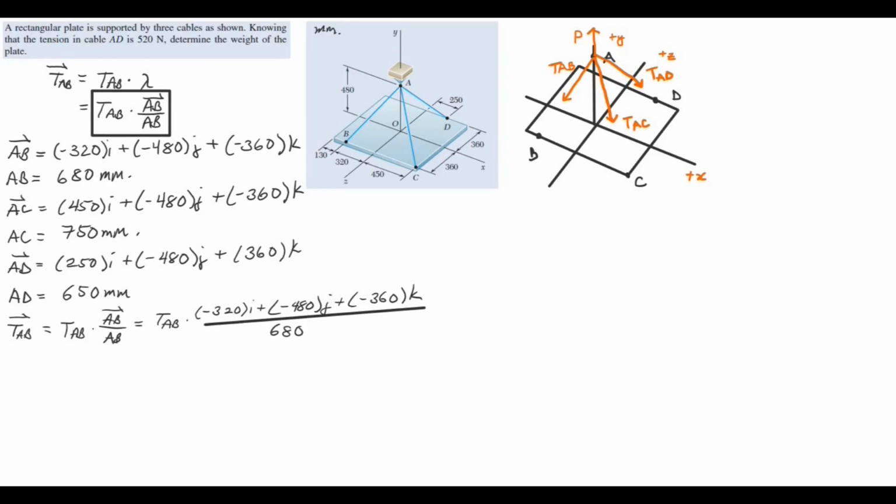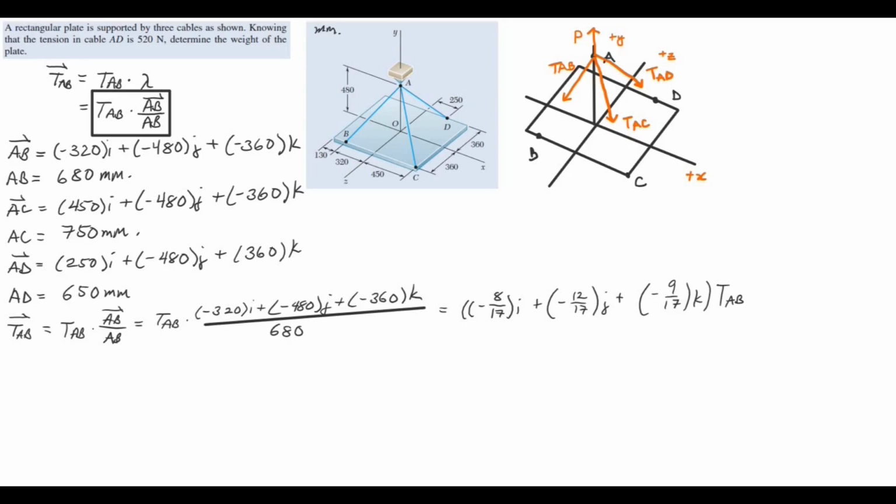So now we can simplify this even further, and this will give you minus 8 out of 17i, minus 12 out of 17j, minus 9 out of 17k, times tension AB.